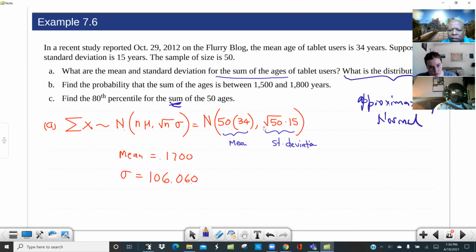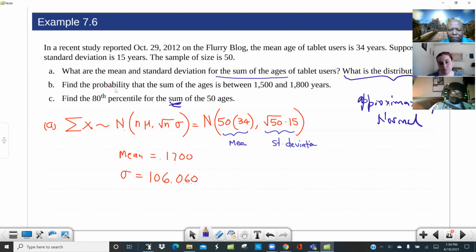The standard deviation is the square root of 50 times 15, which is 106.06. So this is the mean, this is the standard deviation. And it is approximately normally distributed.